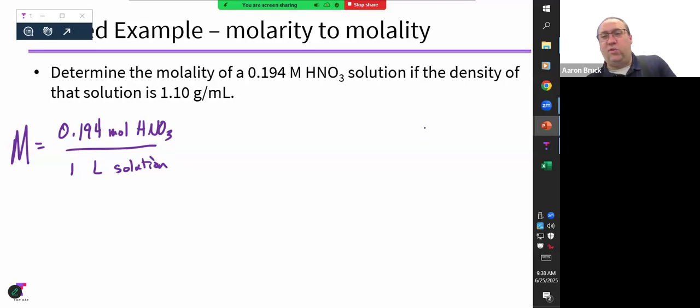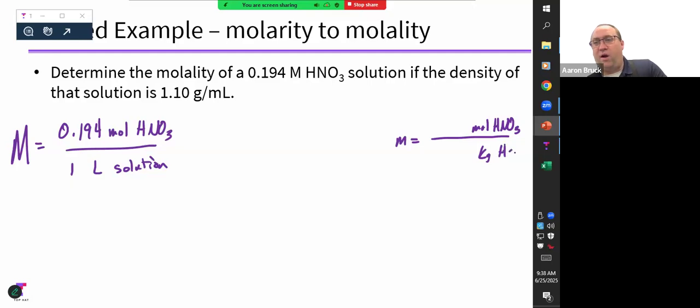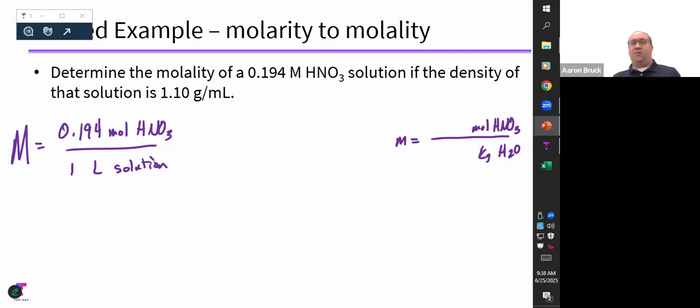Now, what we want to do is figure out the molality. We need moles of nitric acid in kilograms of water, the solvent. The heart of this calculation is to try to do as little as possible.